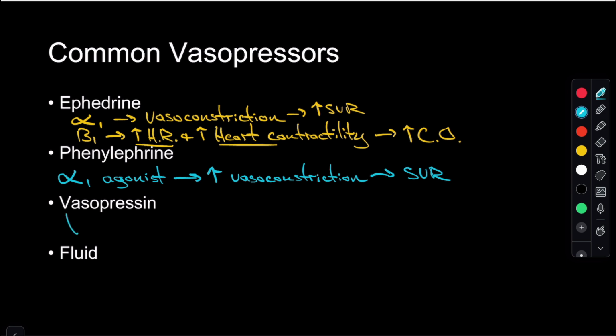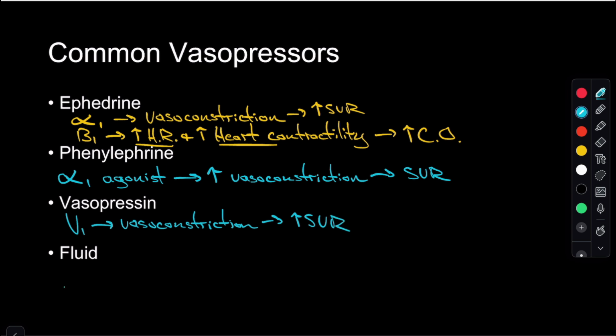Vasopressin is a vasopressin receptor agonist. These receptors are found in the peripheral vascular system, like alpha 1 receptors. They also cause vasoconstriction, which will increase your SVR as well.